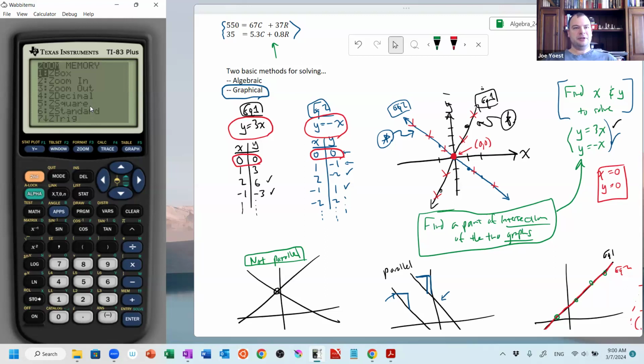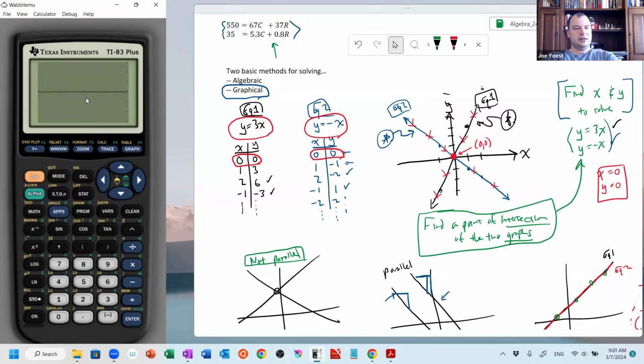But if I graph it, get it kind of on the window where I'm kind of happy with it, but it kind of looks like an oval, and then I zoom square, the calculator will make adjustments to the axes so that the circle will look like a circle on your calculator screen. You can see that the calculator screen is not like a 1-to-1 ratio of height to width. So things can get a little distorted, but zoom square will take care of that.